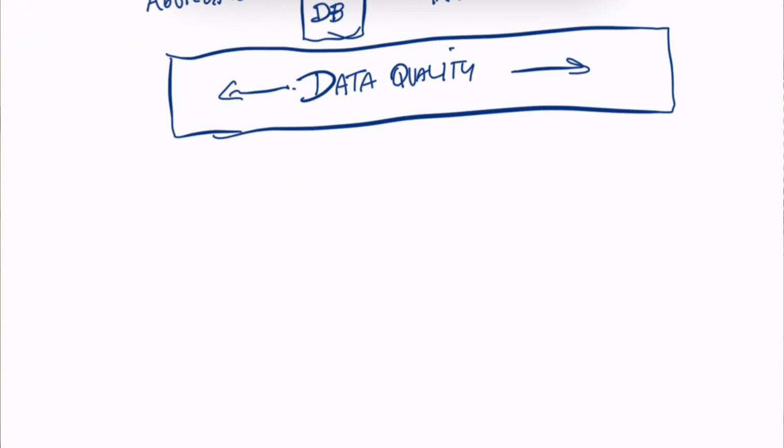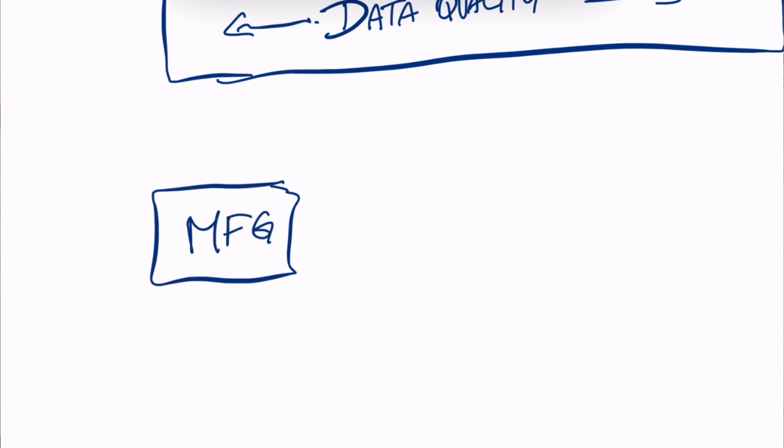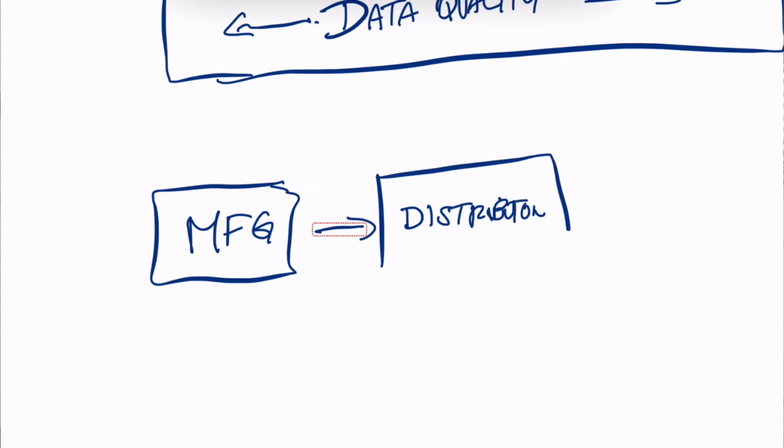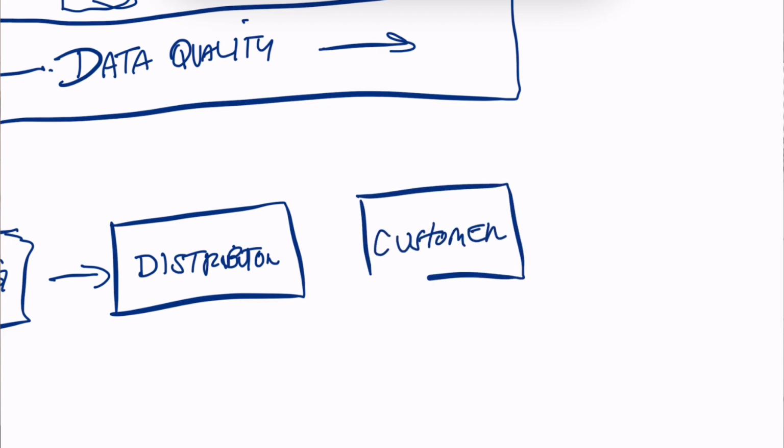We have a manufacturer that makes products, and they sell that to a distributor, and the distributor sells to a customer. I mean, that's typically the way this B2B works, right? It's B to B to B, right?